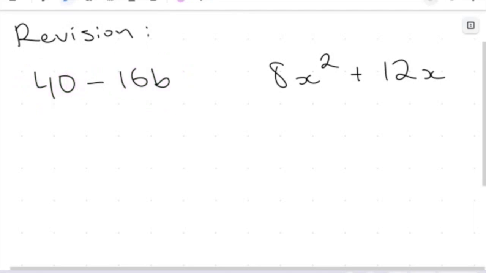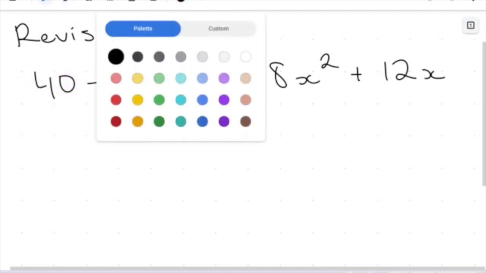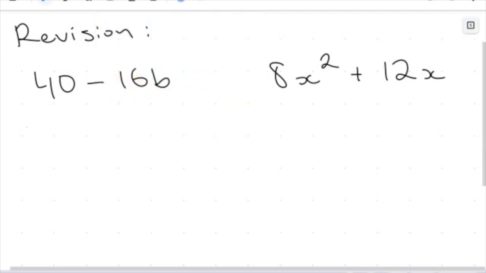So I want to find a number or any algebraic expression that is the highest common factor of both 40 and 16b. Now, there's no b here, so we have to just be looking at some kind of whole number, some kind of integer that goes into 40 and 16.